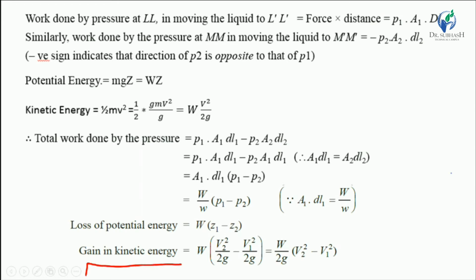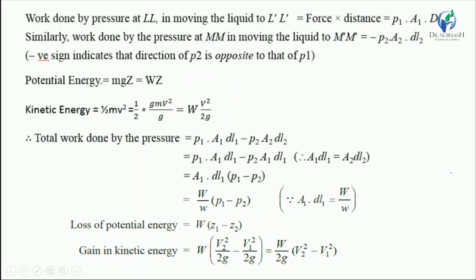So gain in kinetic energy during the movement of fluid from LL to LL dash or MM to MM dash is the difference between the kinetic energy at section 2 minus section 1. We know W into V square upon 2G, so taking W common, V2 square upon 2G minus V1 square upon 2G. This is the equation of gain in kinetic energy.